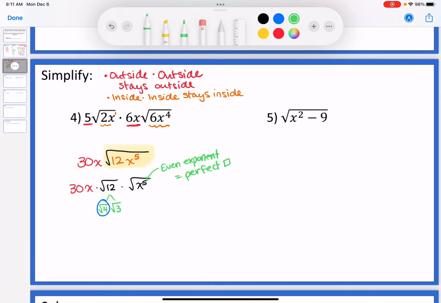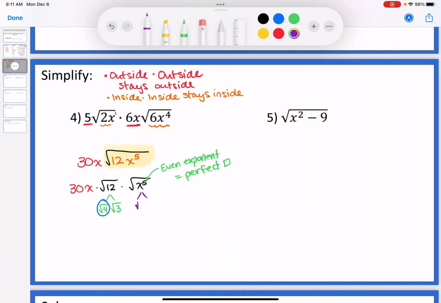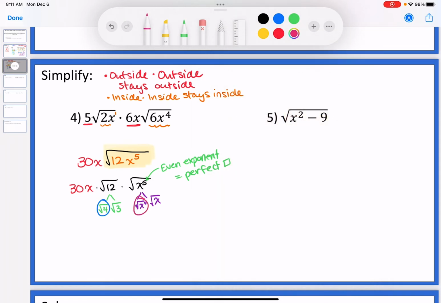Nothing. But if I think of this as the square root of x to the fourth times the square root of x, right? What times itself gives me x to the fourth? x to the second, right? x to the second times x to the second would give me x to the fourth. So if I have x to the 10th, that's x to the fifth times x to the fifth equals x to the 10th, right? Hopefully this is coming back, although that part is one thing that people have a very hard time with in algebra and probably is something that they forget by the time they get here.